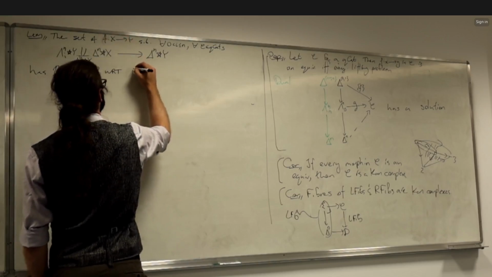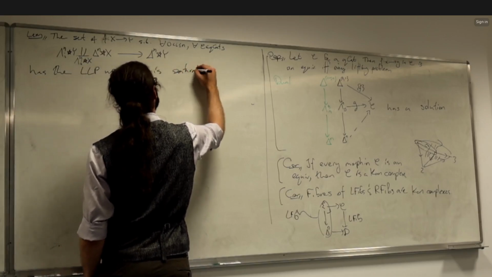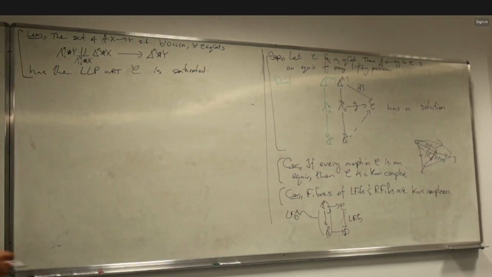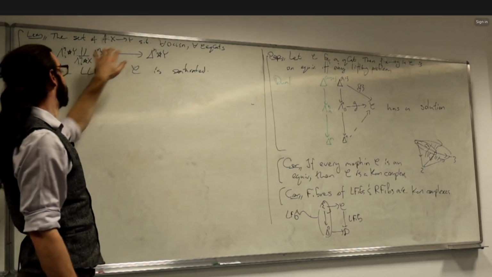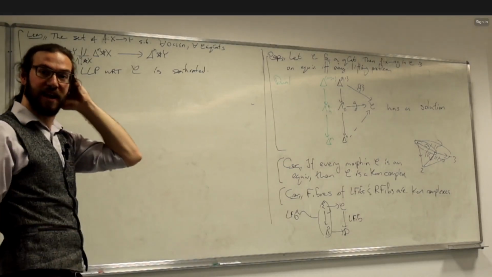I was right the first time. I am not assuming anything on f. I'm just saying the set of those maps of simplicial sets that have this property is a saturated set.